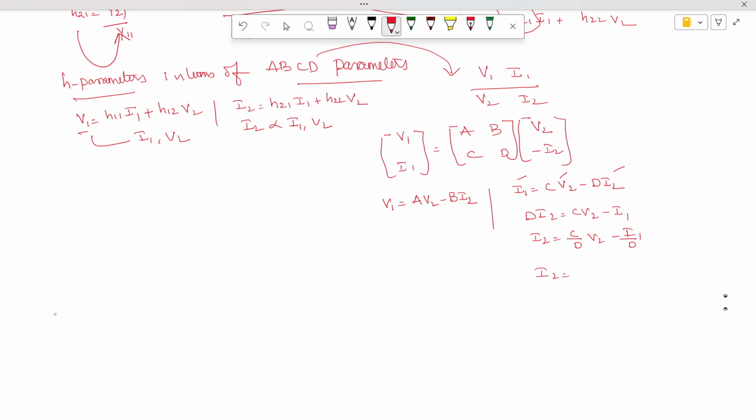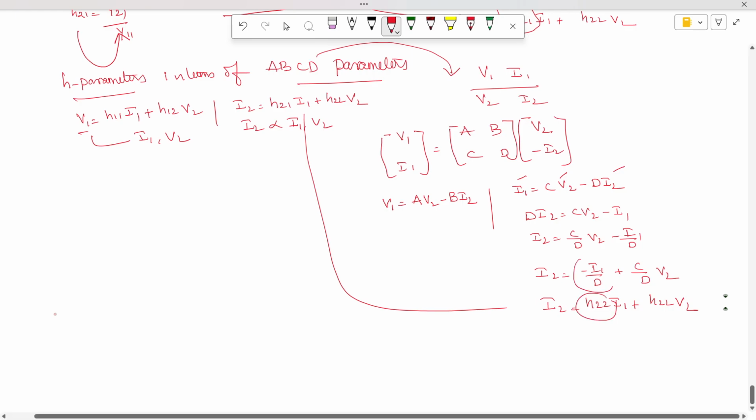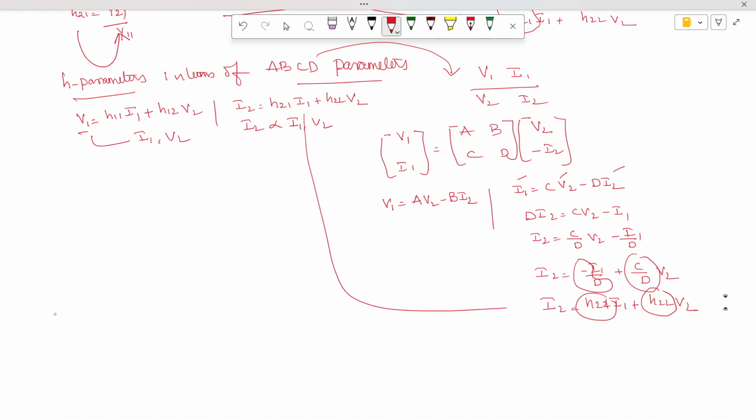So I2 is equal to minus 1 by D into I1 plus C by D into V2. What is the standard format we have? I2 is equal to H21 I1 plus H22 V2. So this is the value of H22, this is the value of H21. Therefore H21 is minus 1 by D, H22 is C by D.